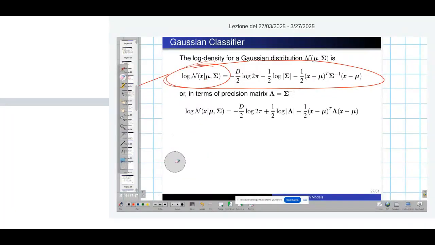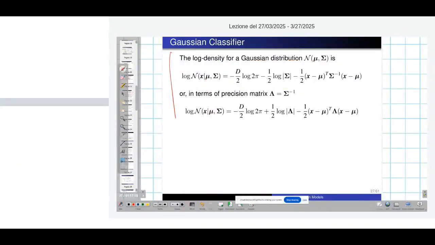So for the binary problem, mu male, sigma male, and mu female, sigma female. But let's now consider that we are doing it for a single class. Or in general, we are fitting a Gaussian density to a given data set.